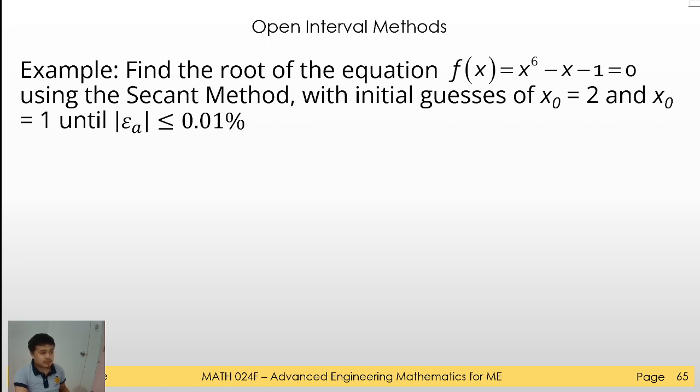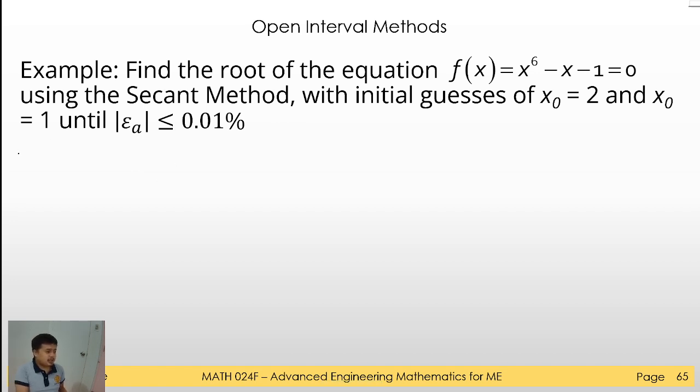So let's try solving the root of this equation using the secant method with initial guesses of 2 and 1. No? So we have two initial guesses for the secant method, and then the stopping criterion is 0.01% of the relative or the approximate error. So how do we do this?